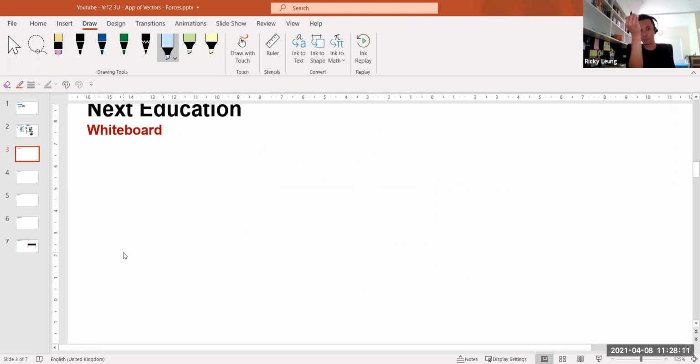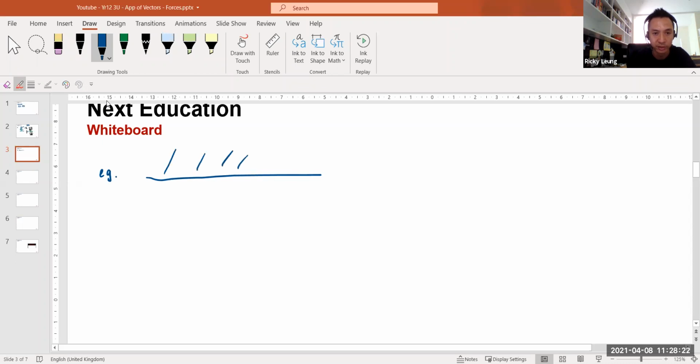Instead of just having one mass hanging from one string with one tension, let's suspend it in the air with two strings. A very common question. Picture this to be the ceiling, and we have a mass sitting suspended in air. Let's say this mass is 20 kilograms.